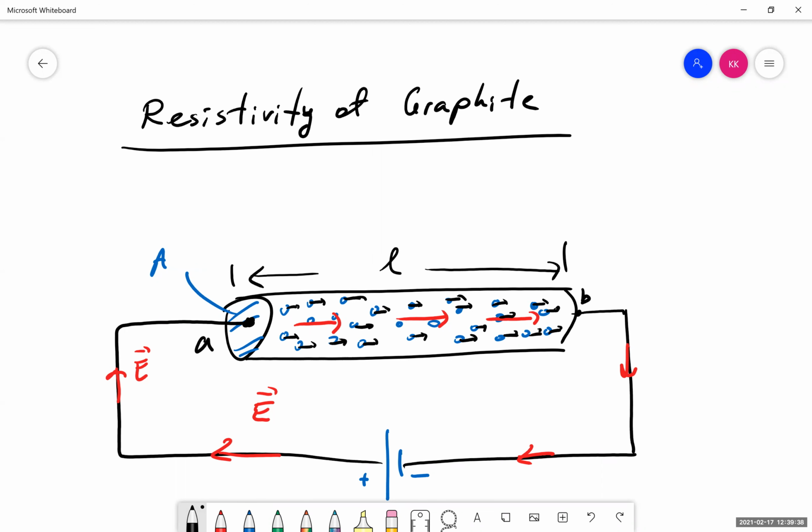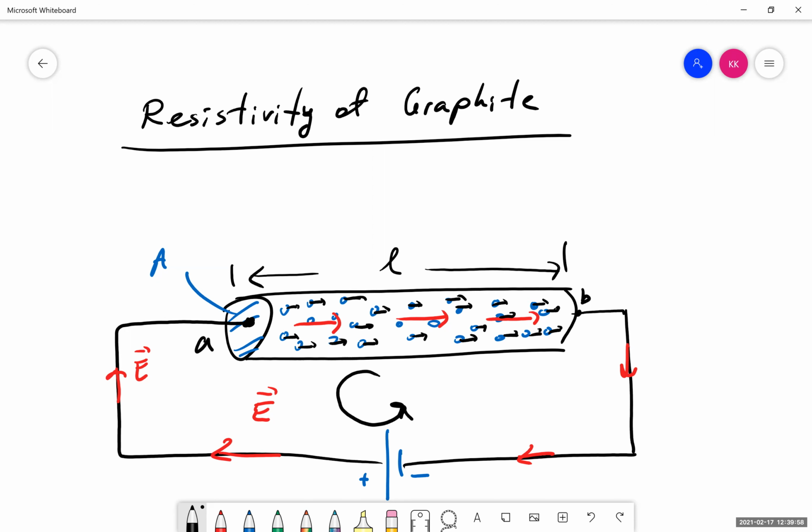Now, depending on what type of system you have, most of those charges that are moving and that we use to define current are actually electrons, and they always move in the opposite direction of the electric field. So technically, electrons will be moving in this particular case counterclockwise.